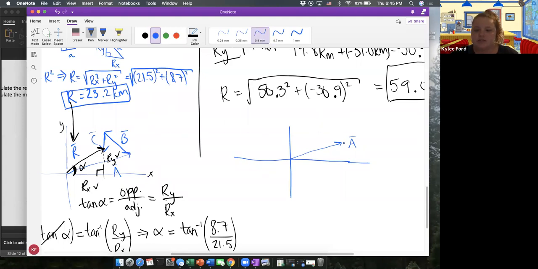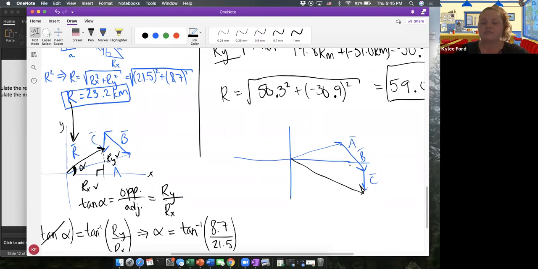So again, tip to tail, we're going to have something about like that for B. And then C is still going to be down. We're just adding C. Now our resultant vector from here, tip to tail. That wasn't very good. Let's try that again. Tip to tail. I'm a little off, but that's okay.